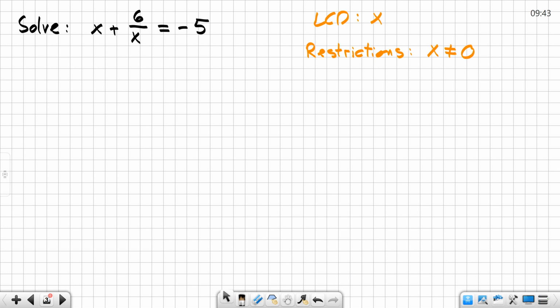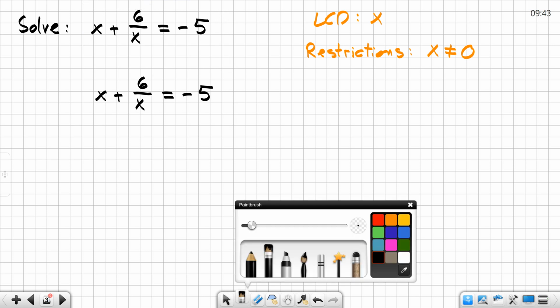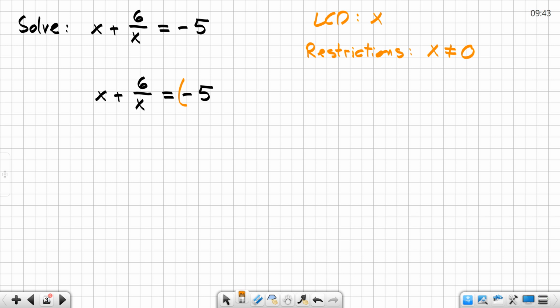Now we can move on with the next step. I'll take my equation, and just like before, I will multiply both sides by the least common denominator, which we found to be x. Now I will use my distributive property. Everything gets to be multiplied by x, and I will have x times x. Now that will be x squared.